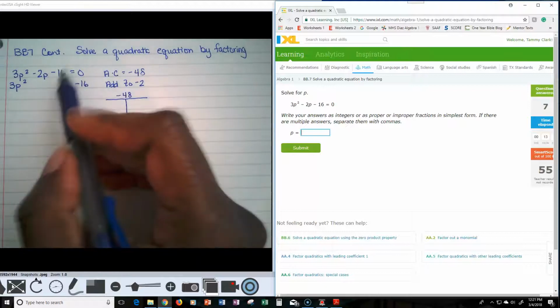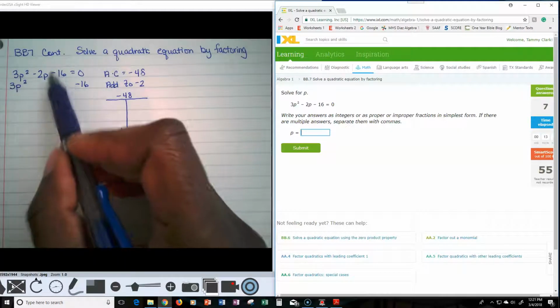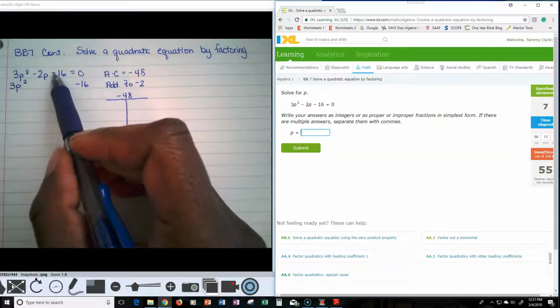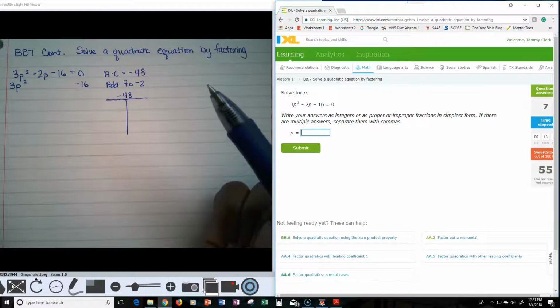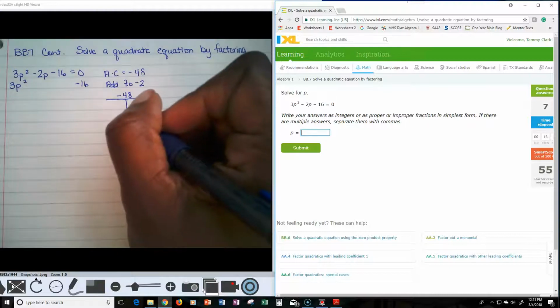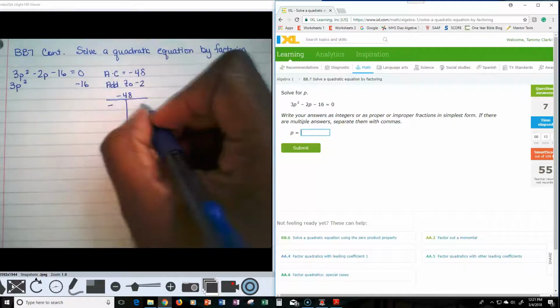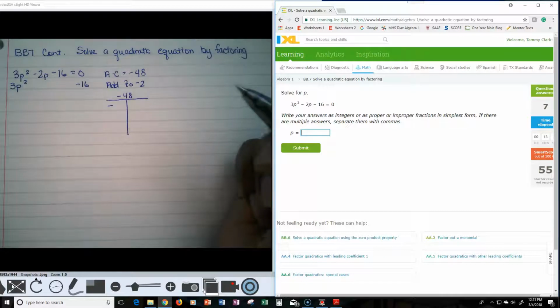Now, because the last symbol here is negative, and this is also negative, that means my largest factor is going to have to be negative. My smallest factor is going to be positive.